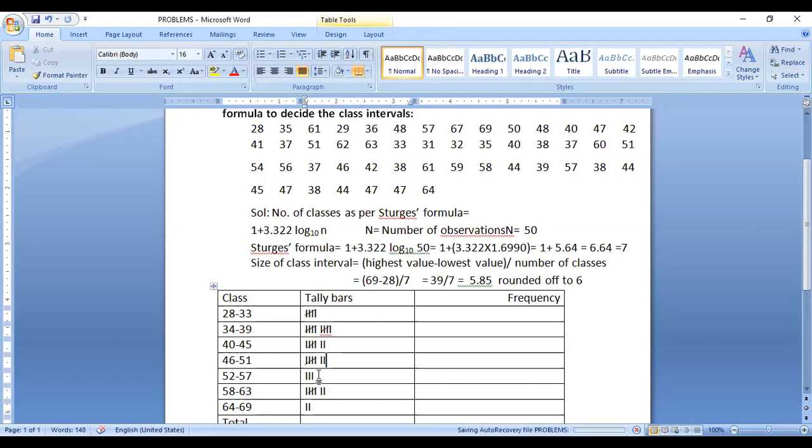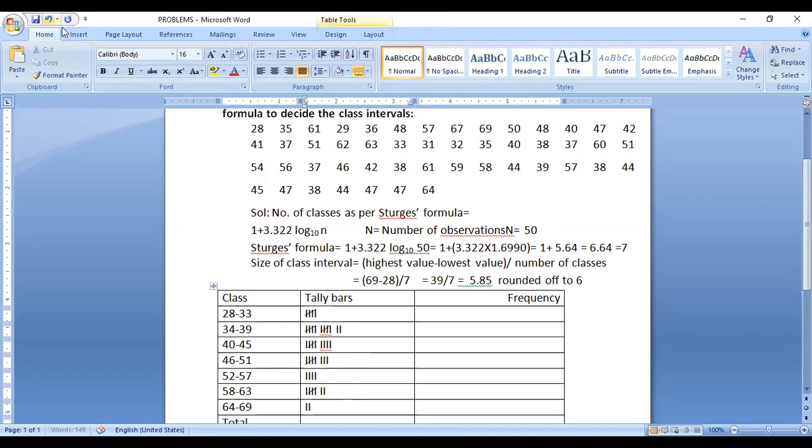57, 38, give some gap. 44, 45, 47, 38, 44.